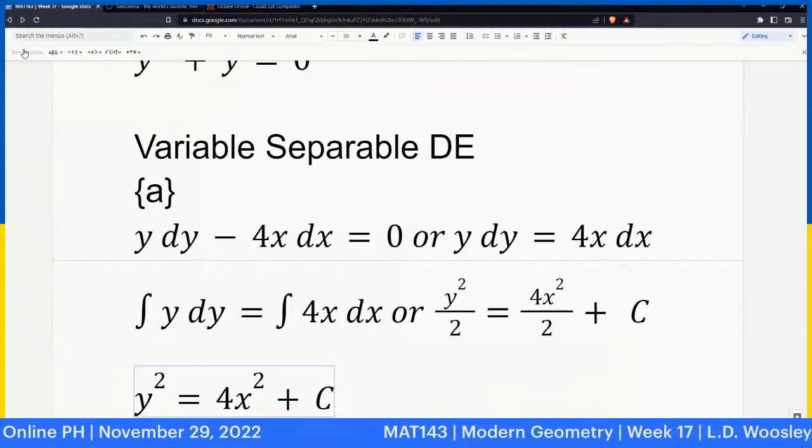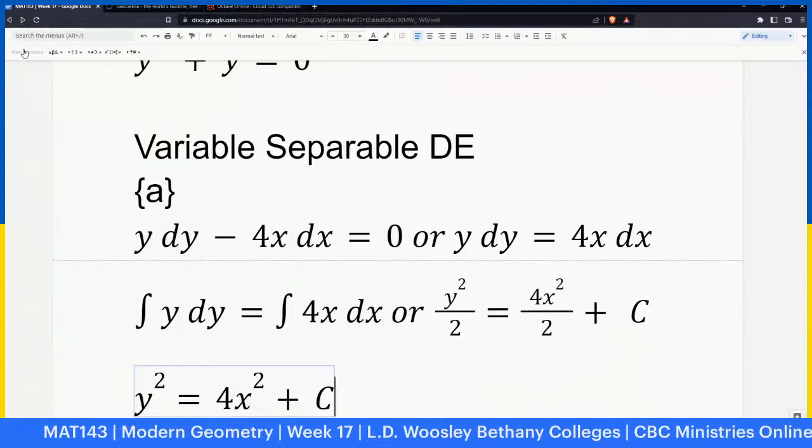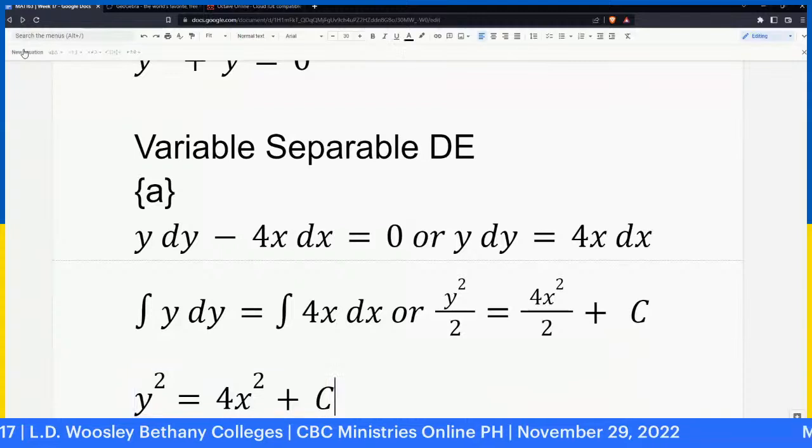Okay, make sense? So this is variable separable. Obviously, it's a variable separable, kasi nakaano na siya eh. Okay, please do this.